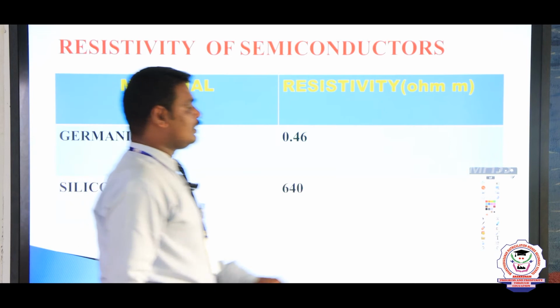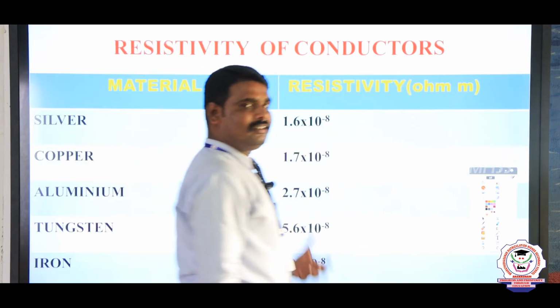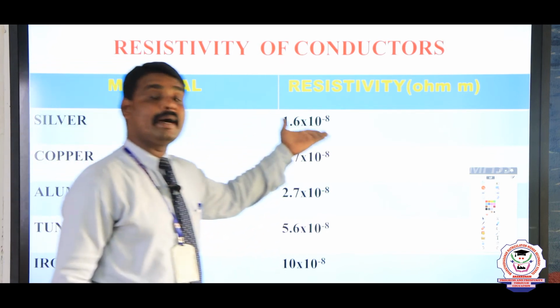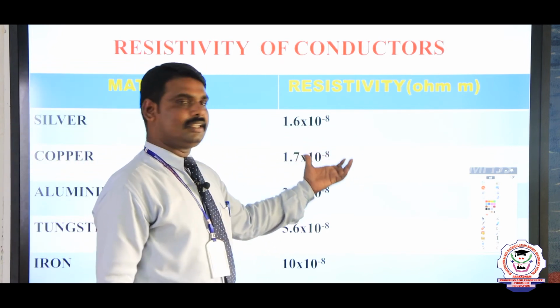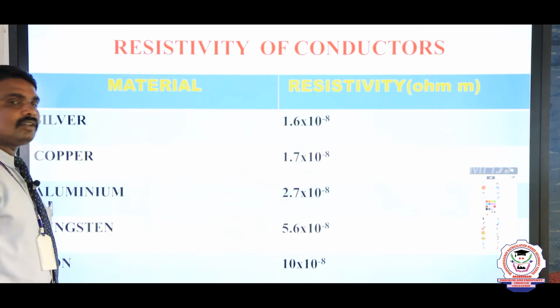Okay, next, the conductors. Conductors have very low resistivity, which means around 10 to the power minus 18 ohm meter. Here some examples are given.